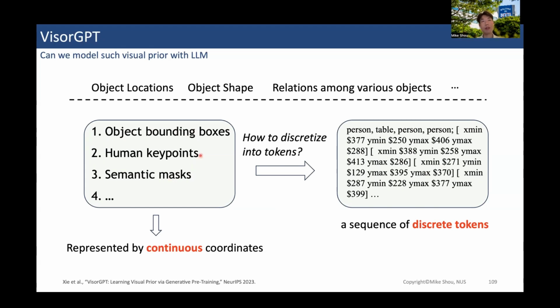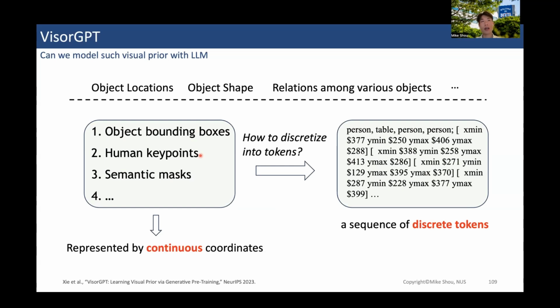These bounding boxes, masks, or key points have a specific layout in the image, which defines the relations between different objects and their interactions. So these are the rough structures that we would come up with in our mind.